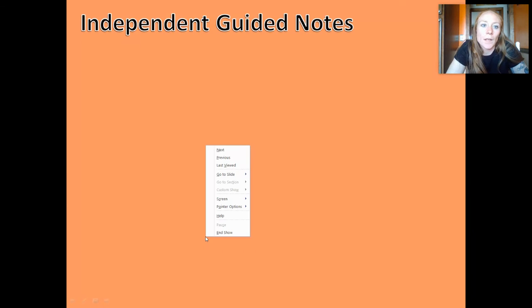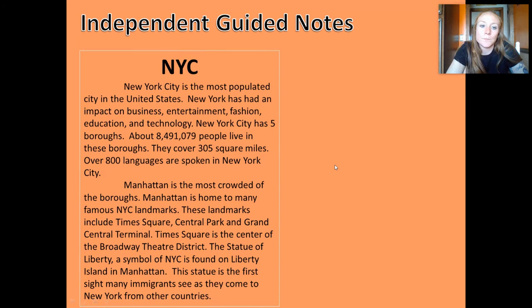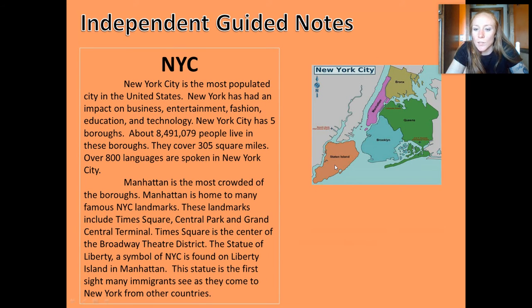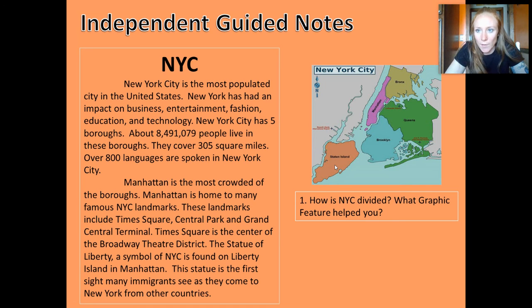Next screen, independent guided notes. The story that I'm going to read to you first is called New York City. Please track your screen with your eyes and finger for our first close read. NYC. New York City is the most populated city in the United States.